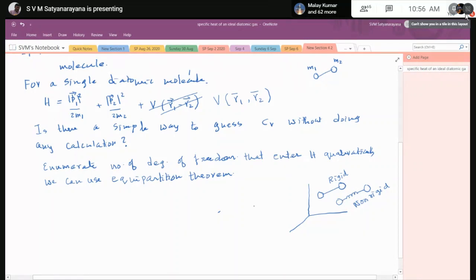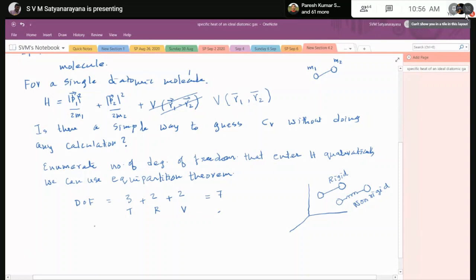So totally the number of degrees of freedom is 3 translation plus 2 rotation plus 2 degrees of freedom coming from the vibration. So you have 7 degrees of freedom.